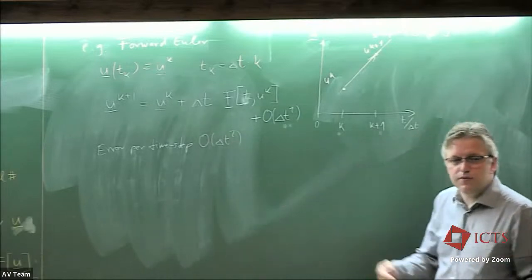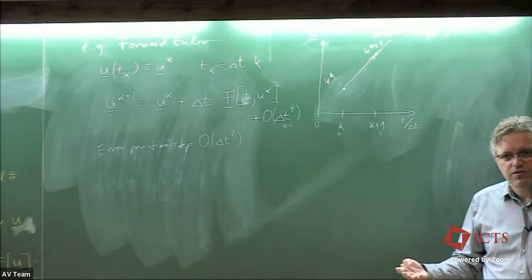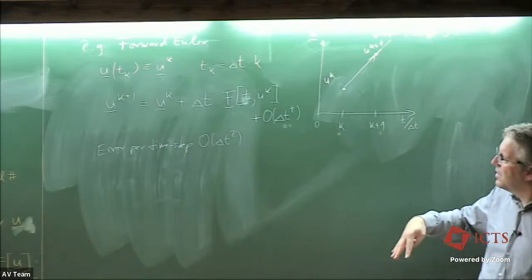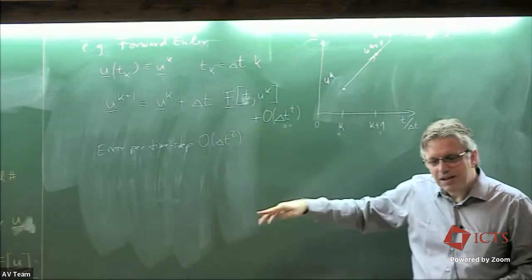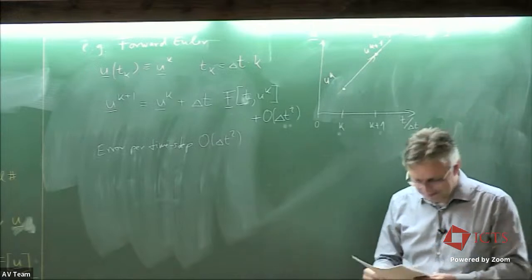If I now want to evolve to some finite time, I need a number of time steps that grows like 1 over delta t. So I'm making my time step smaller. I'm accumulating less error per time step because this goes down, but I'm losing some of this already because I need to take more time steps.